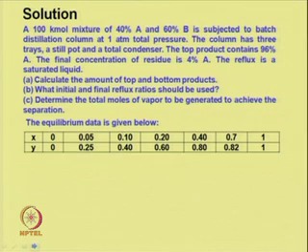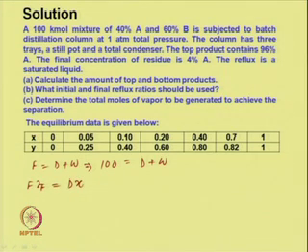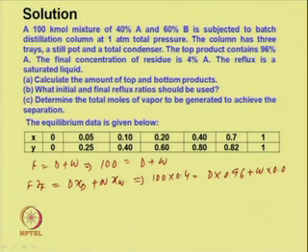Let us do the total material balance, that is F is D plus W, which is 100 equal to D plus W. Component balance: F z_F would be D x_D plus W x_W. So, 100 into 0.4 would be equal to D into 0.96 plus W into 0.04.